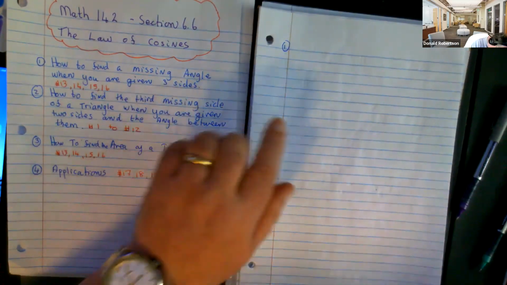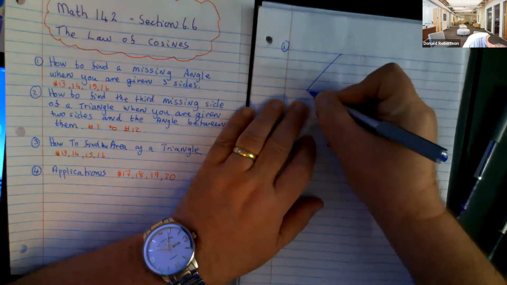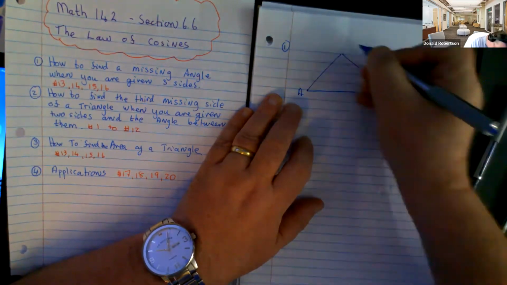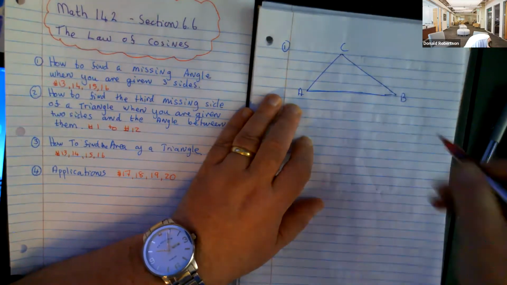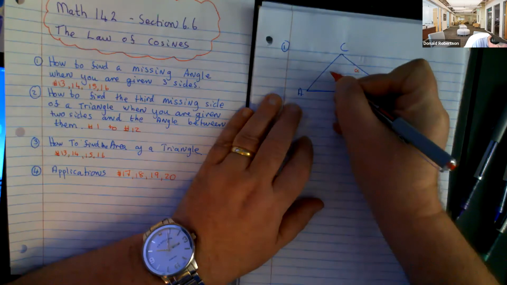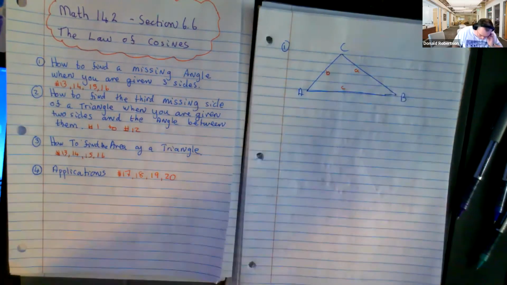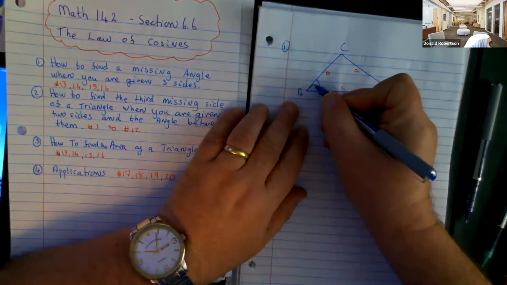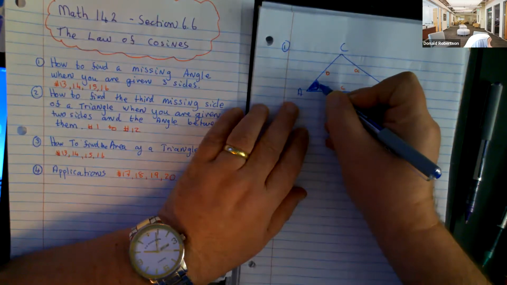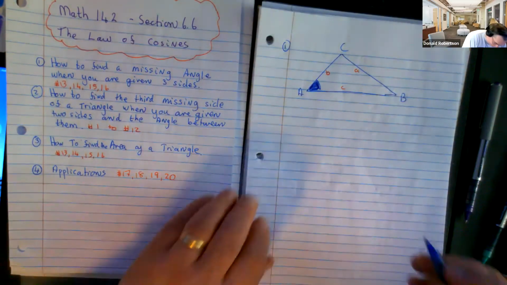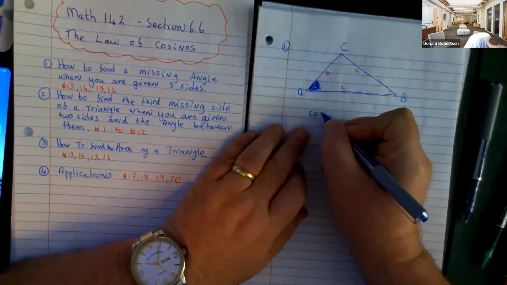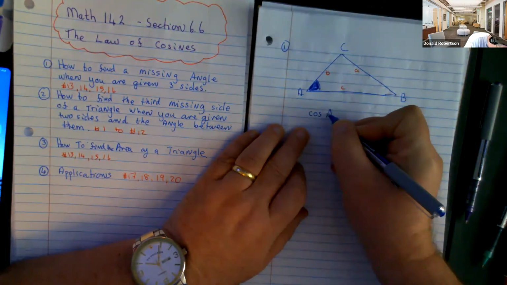So imagine we have just any old triangle. We'll call it ABC. You name the sides in the usual way. So that side's little a, that side's little c, and that side's little b. And let's suppose that we want to find angle A. The cosine rule for finding angle A is a formula.